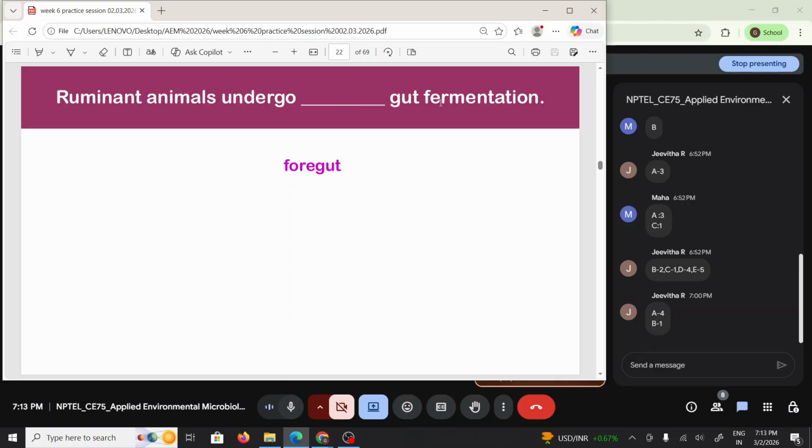So ruminant animals undergo foregut fermentation, and after that, the food travels to the other chambers, and the digestion process completes.